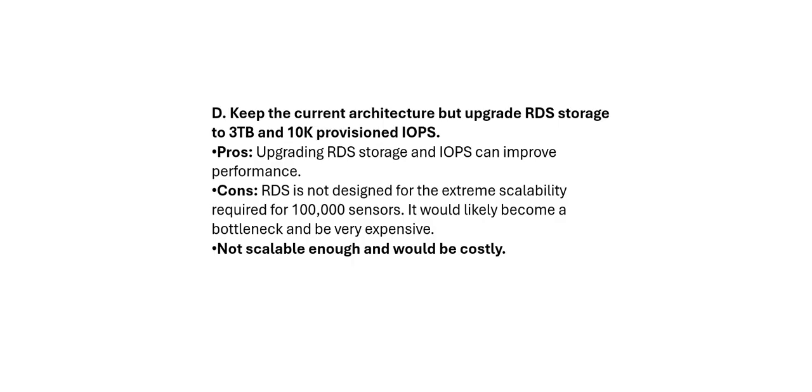So D says let us keep the current architecture. We don't change the architecture, but let us upgrade RDS storage to 3 terabytes and 10K provisioned IOPS. So what they are doing in general, see, you are only able to do 45 hours of work in a week. In my organization it is 45 hours.